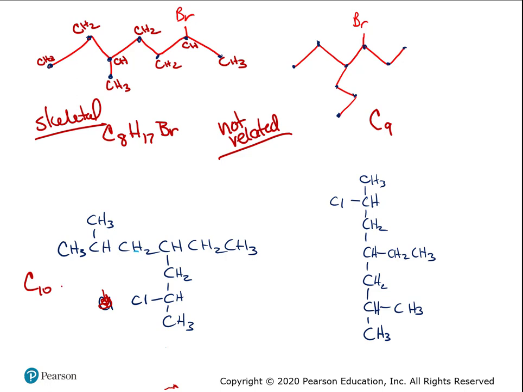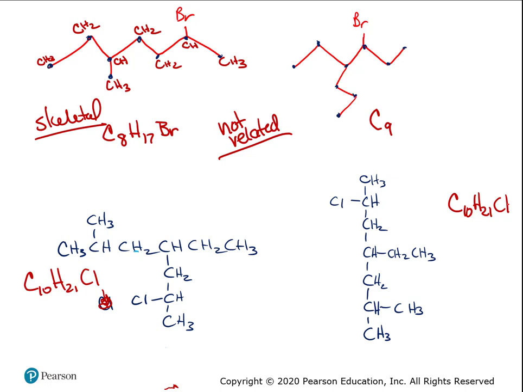I got 21 hydrogens and I got a chlorine. What about over on the other side? How many carbons? 6, 7, 8, 9, 10. Oh, 10. And so that means I'm going to have 21 hydrogens and I got a chlorine. So now I know that they have to be isomers. Just count the number of atoms.